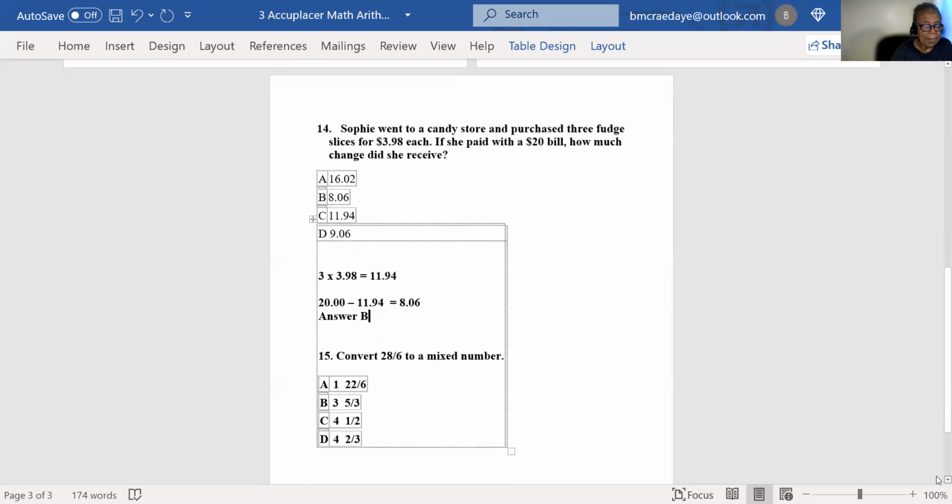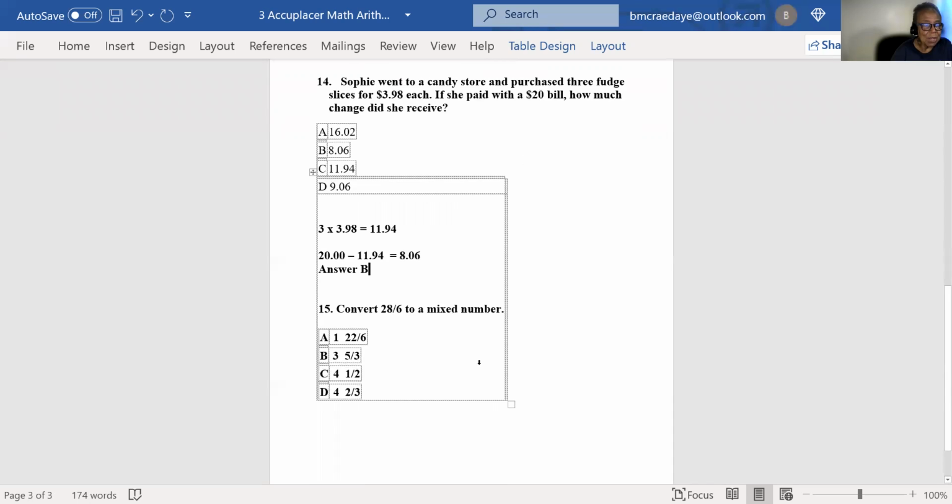Okay. Now we have a mixed number. How do we convert? This is an improper fraction. All right. 28 divided by 6. What is that equal to?